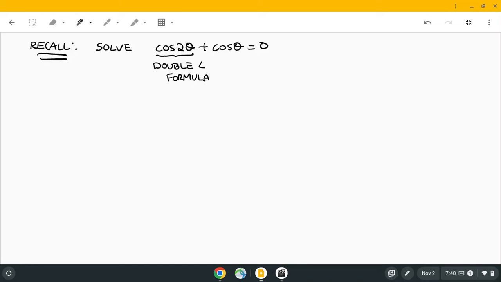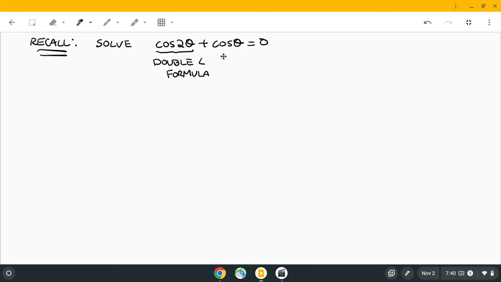So we used the double angle formula. Now it's going to be the case where we just have the cosine 2 theta. We don't have this one. So do we still use the double angle formula, or can we address this without having to do the double angle formula? And the answer is yes, you can.